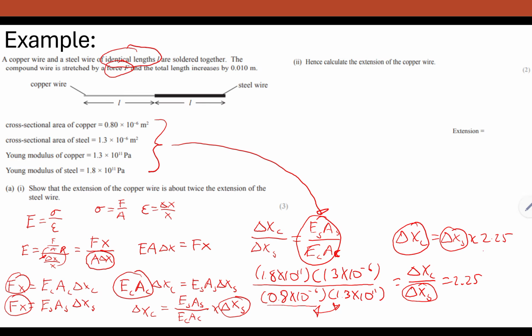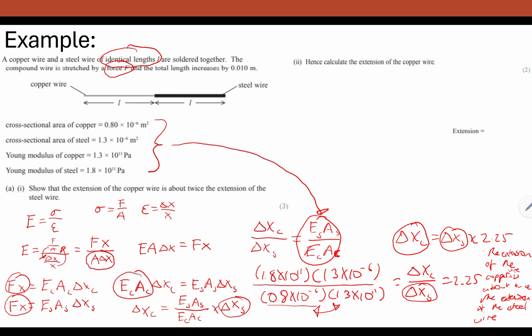So we can write, therefore, the extension of the copper wire is about twice the extension of the steel wire. And there you have it, that's part one done.